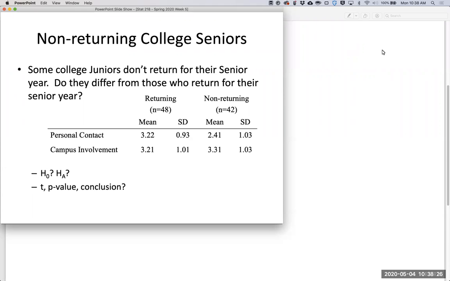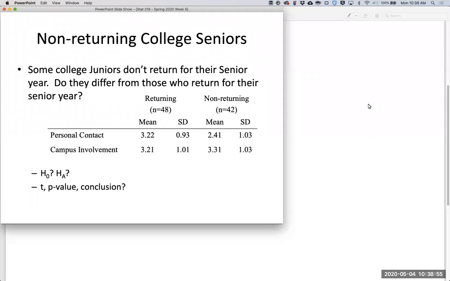Okay, so let's move forward a little bit, and we've got our example of the non-returning college students, those that could be finishing up if they simply were to complete their senior year. Frankly, that's sort of a waste of state resources. The state of North Carolina said they really want to have their students finish their senior year because so much money had been invested in their education because it's state supported.